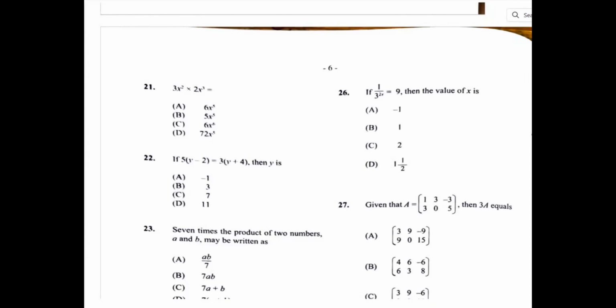So we have 3x squared by 2x cubed. If you know your laws of indices, you would know we have to multiply the base numbers and add the indices. 2 plus 3 is 5.